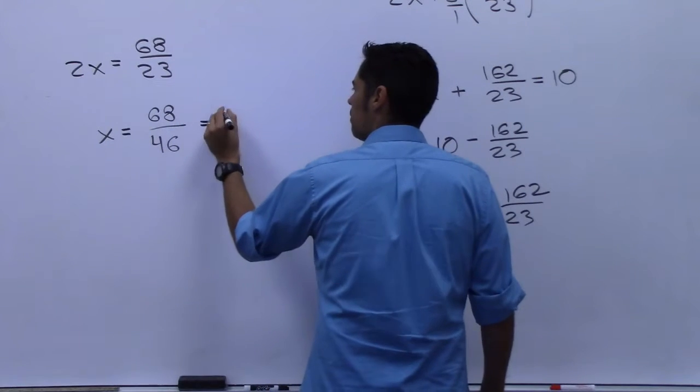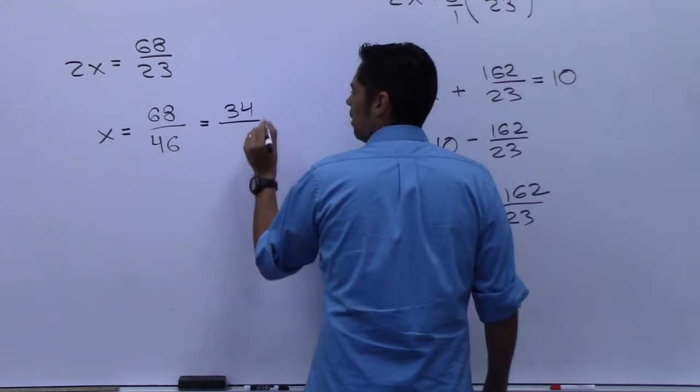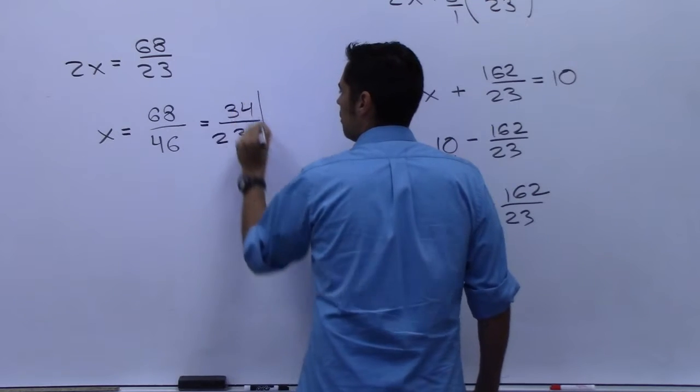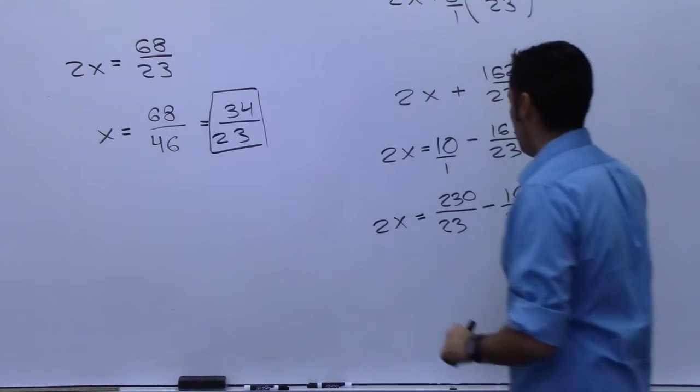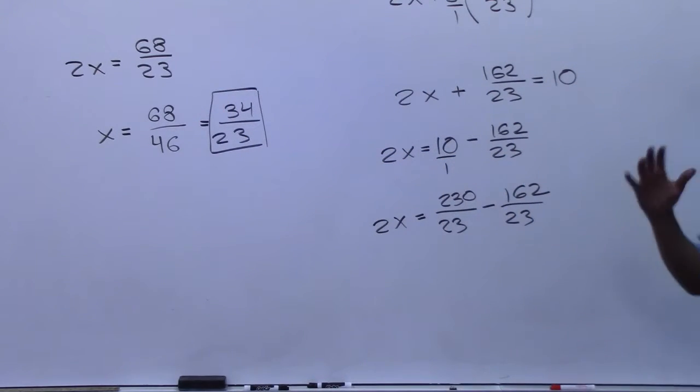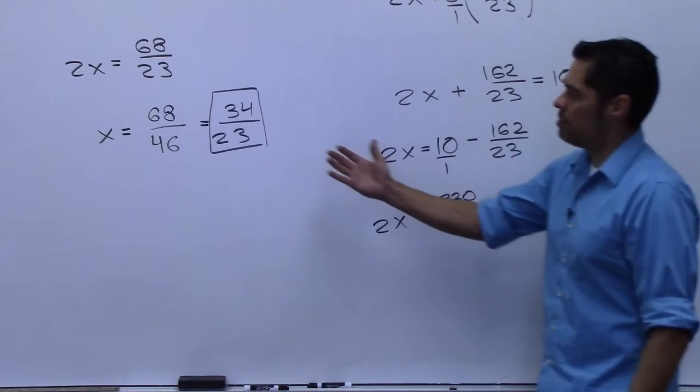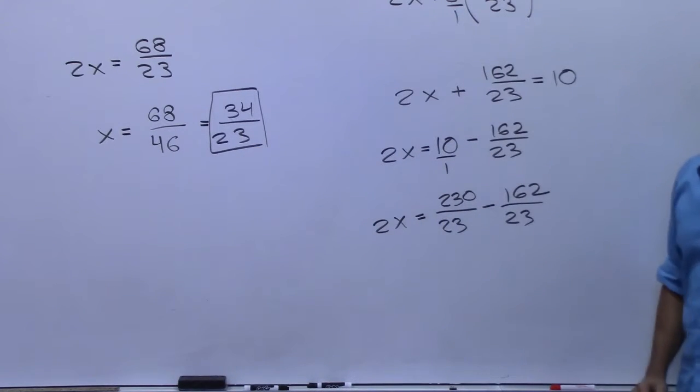Two goes in both those? Yeah. I'm not really caring too much if you reduce, but there's your x. So it's an ordered pair again, right? The x coordinate is this. The y coordinate is this. Will you take off any points for fractions? No, I won't take off if you don't reduce, but if you can, try to.